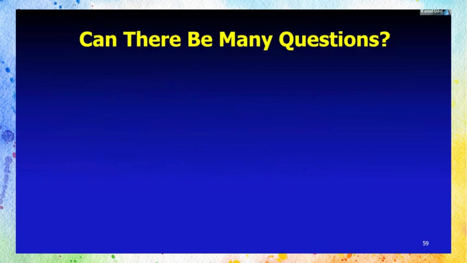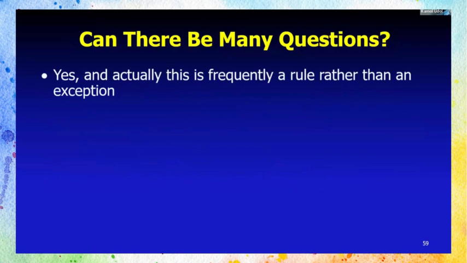You may wonder whether there can be many research questions in a research project. Actually, yes, there can be many questions, and usually there are. When you develop a research project, it's very usual that you will have more than one question.